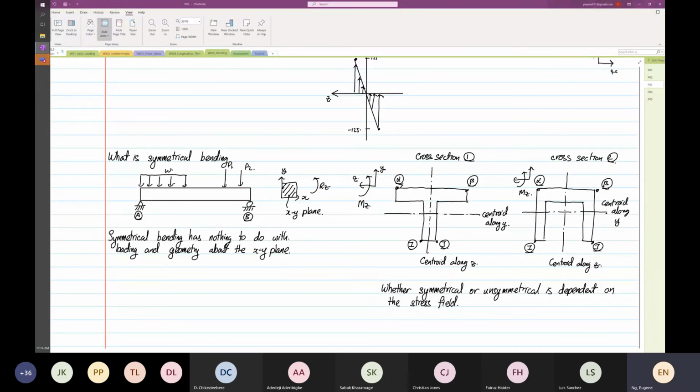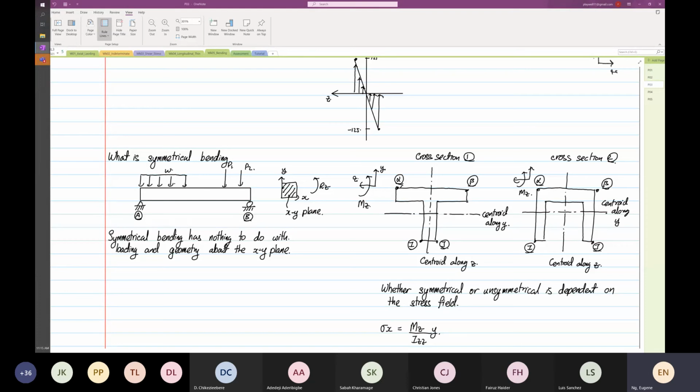Okay, it's dependent on the stress field. There are some aspects to do with geometry, but it's more a stress field issue. Let me elaborate. We know that stress in X is equal to Mz over Izz multiplied by y, right?